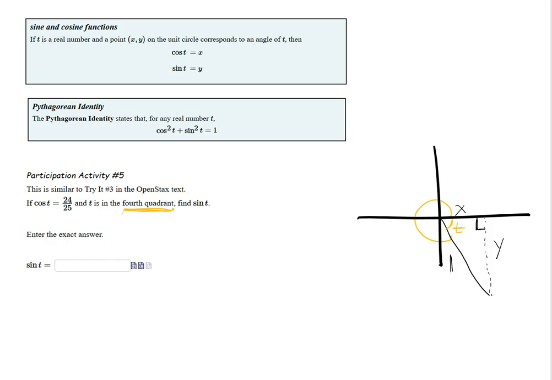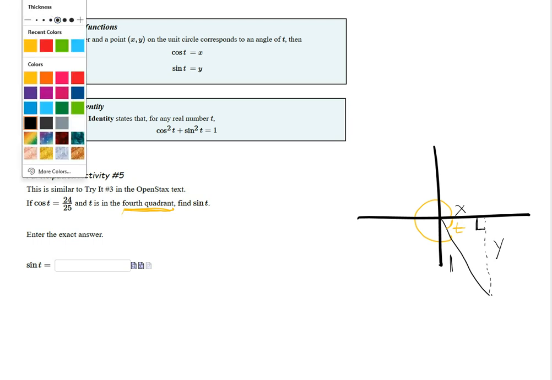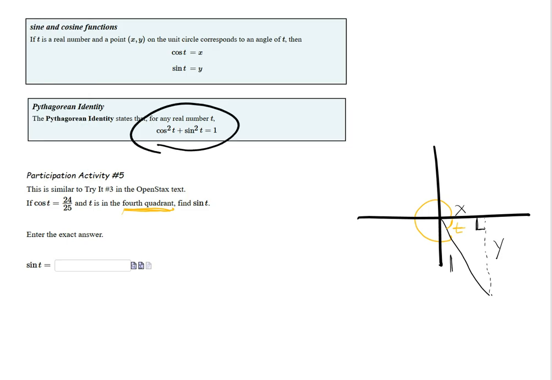When I see cosine, the trig function is the adjacent over the hypotenuse, and they're giving me 24 over 25. I'm sorry, I'm thinking of the last section. I'm supposed to be using the Pythagorean identity. My bad. Cosine squared. Okay, if we go with this.